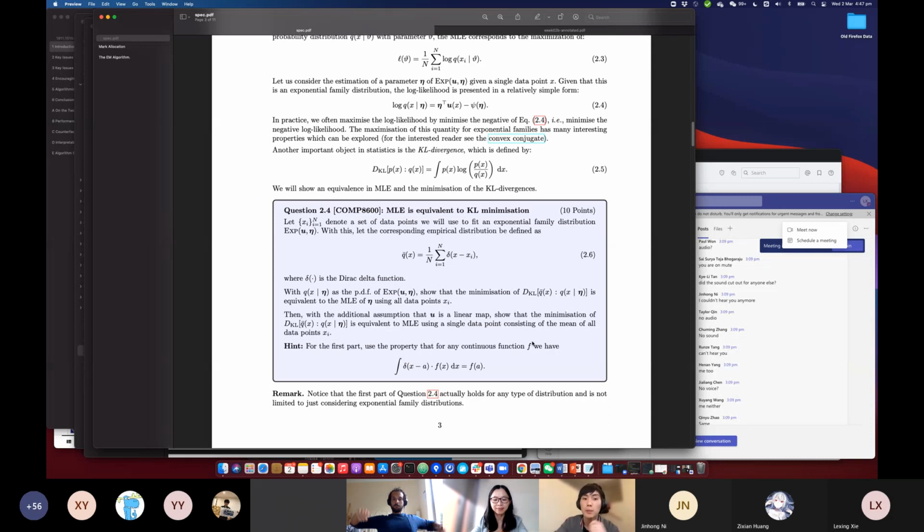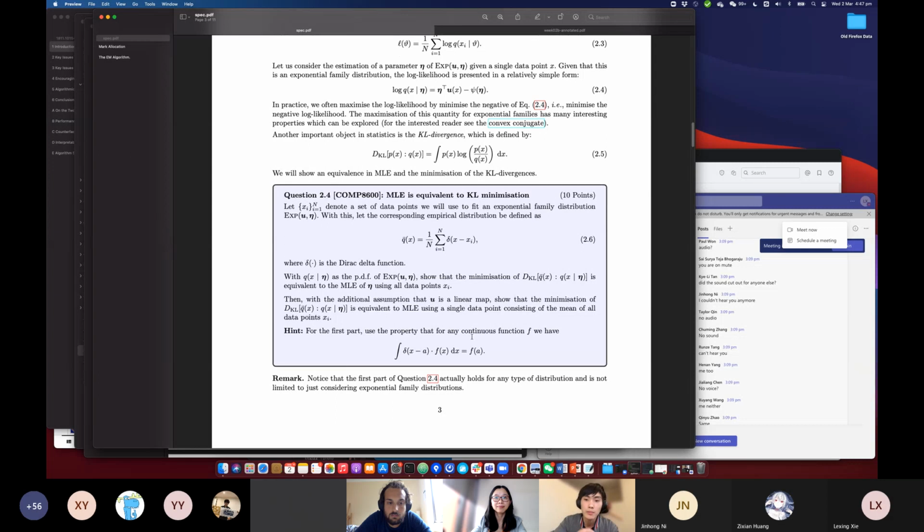You'll find that these approaches connect in a nice way. And this is one of the questions, where maximum likelihood estimation is equivalent to KL minimization. This is one of the neat tricks, and there are even nicer properties you can show if you consider exponential family distributions.